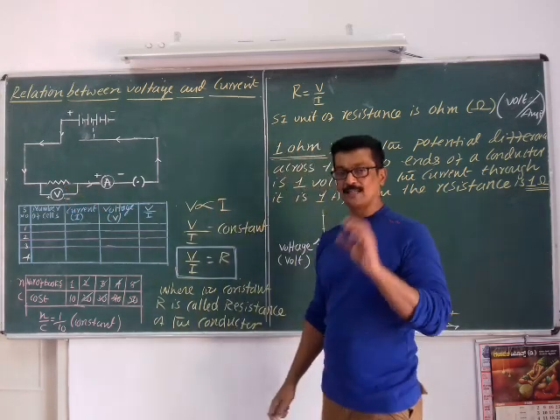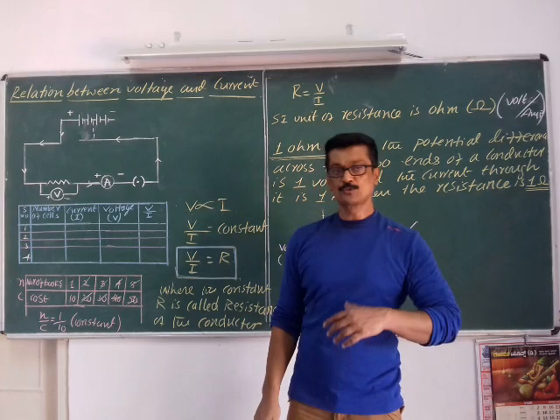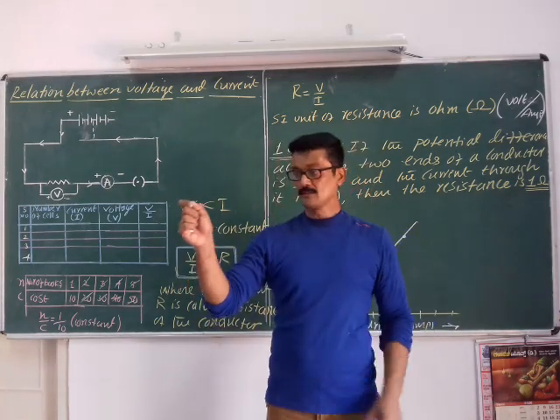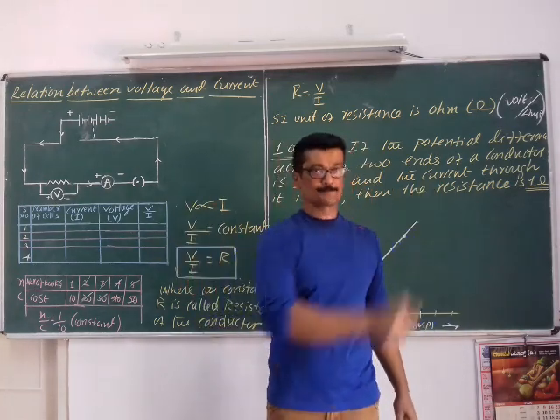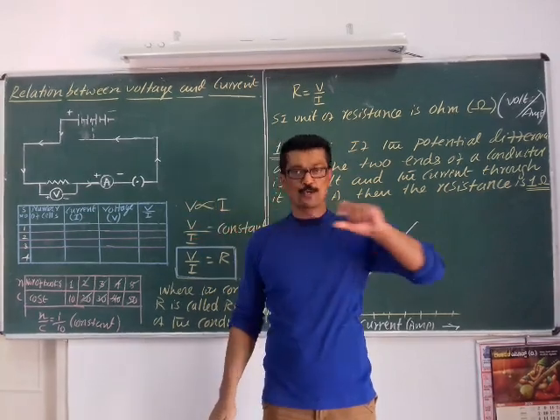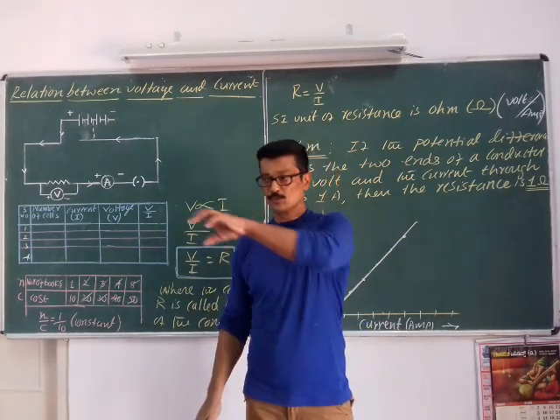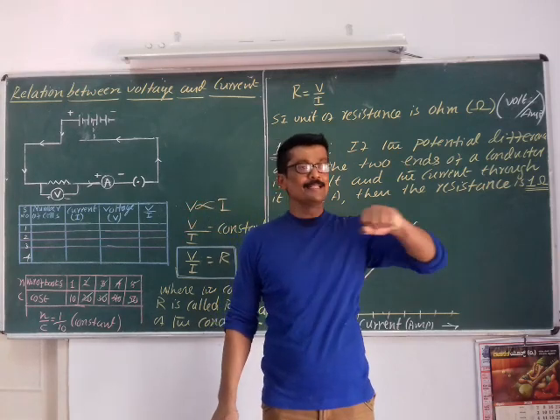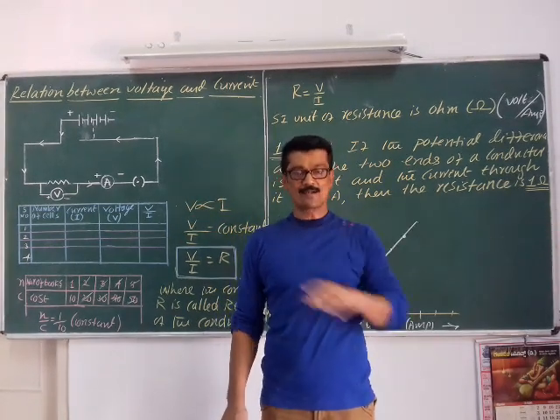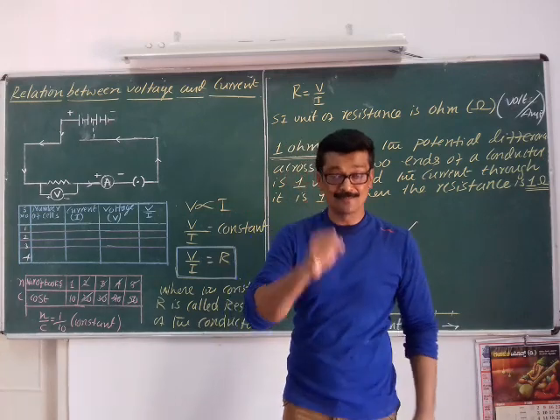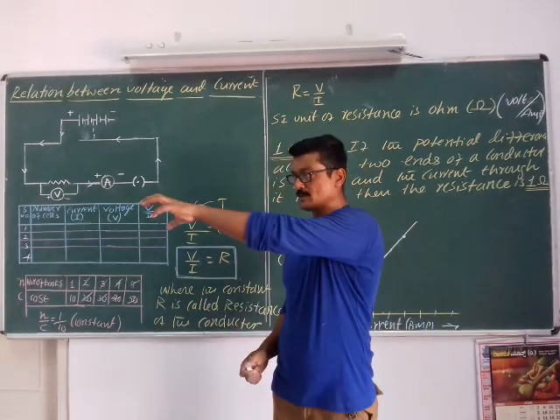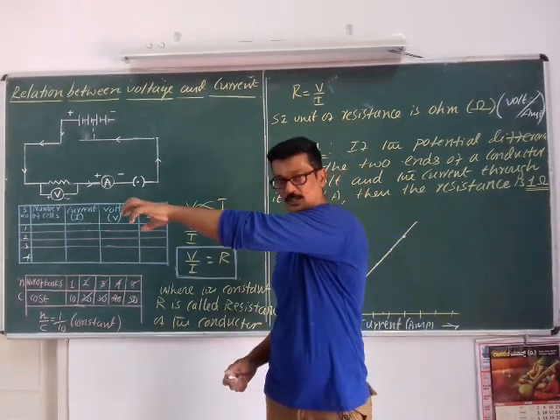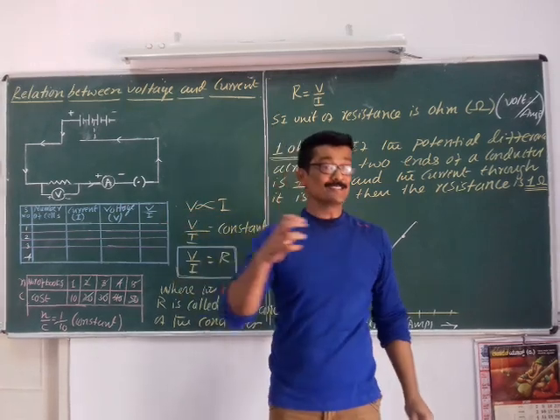What actually does resistance mean? Students, we know that current means flow of charges. Charges are flowing through a conductor, is it not? The charges cannot move easily through the conductor because the conductor is made of atoms, is it not? So electrons, the charges, cannot move easily.